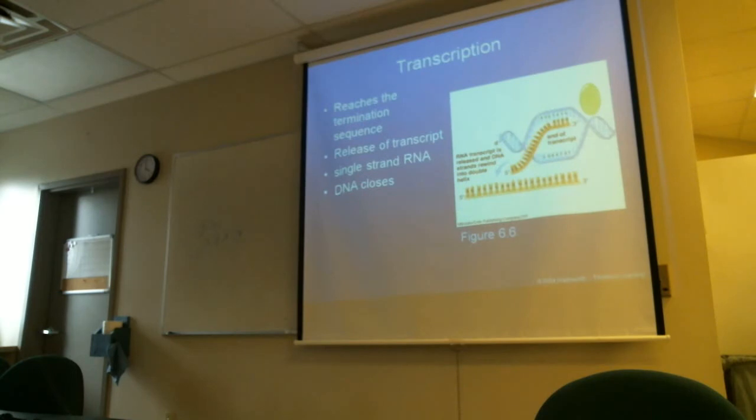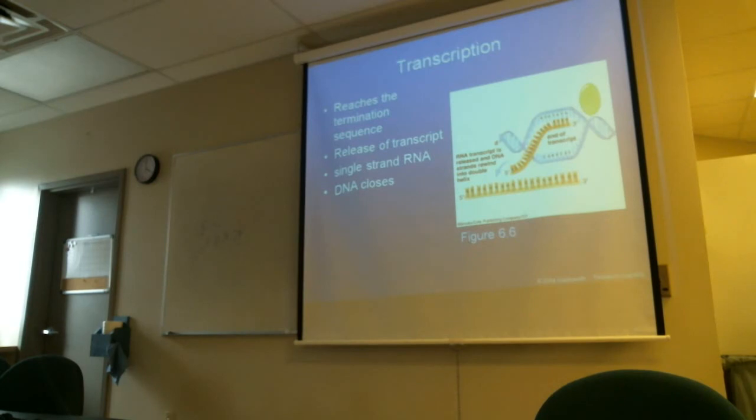Now, just like there is a start, there is a termination sequence that says you're done, because you don't want to run into the other portions. So that termination sequence indicates that transcription is over, that transcript is then released, and that DNA will close up. Now, remember that if you are a eukaryotic cell, this still occurs in the nucleus like replication did, because your DNA is in the nucleus.